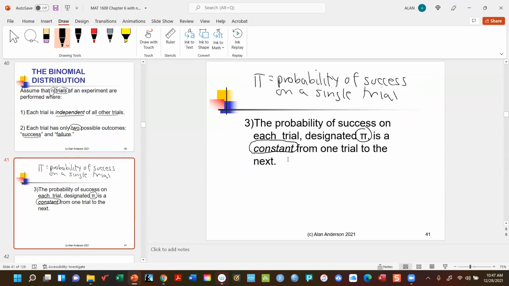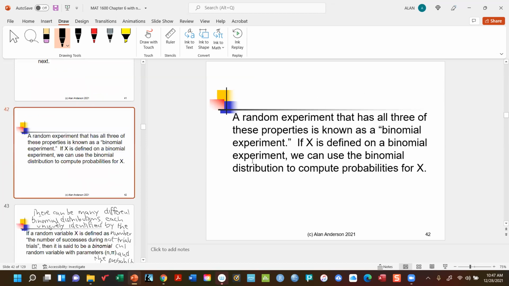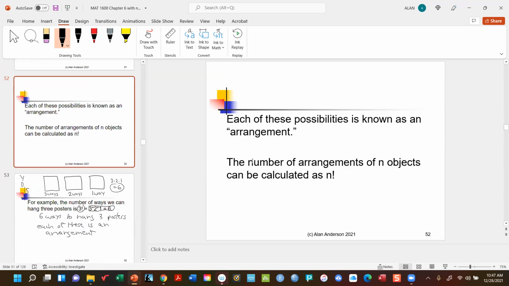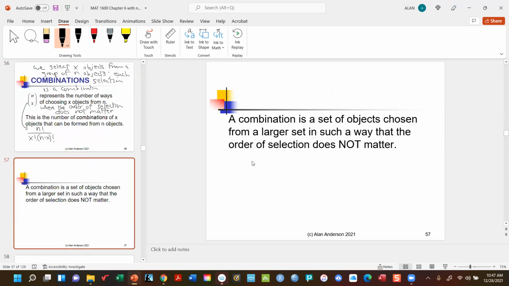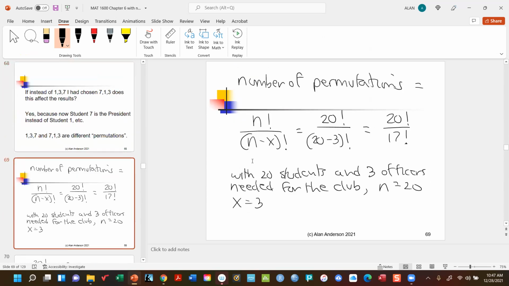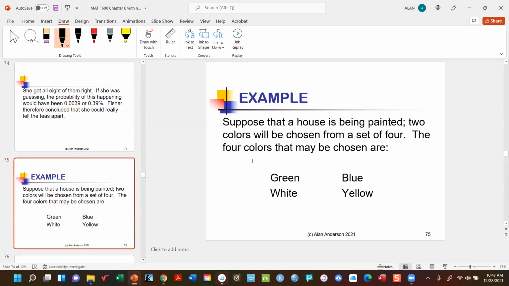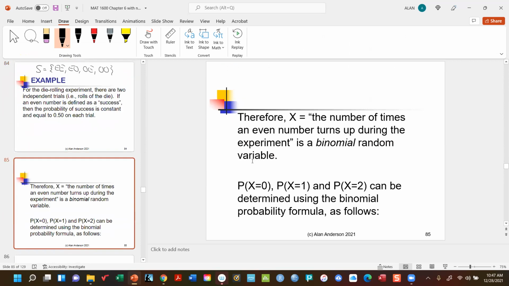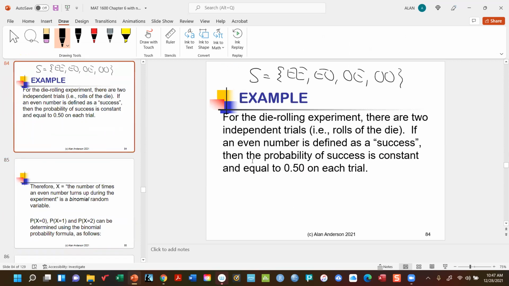So that die rolling experiment was actually an example of the binomial experiment, which means that we can use the binomial probability distribution to calculate any probabilities we need with this die rolling example. In other words, instead of counting up E's and O's, we can now use the binomial distribution. For example, let's define X to be an even number turns up.